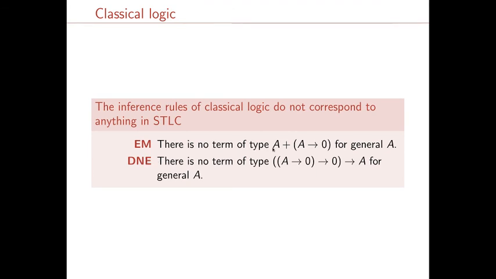It turns out that in the simply typed lambda calculus, we cannot construct a term of this type for a general A. Similarly, we cannot construct a term of this type for a general A.